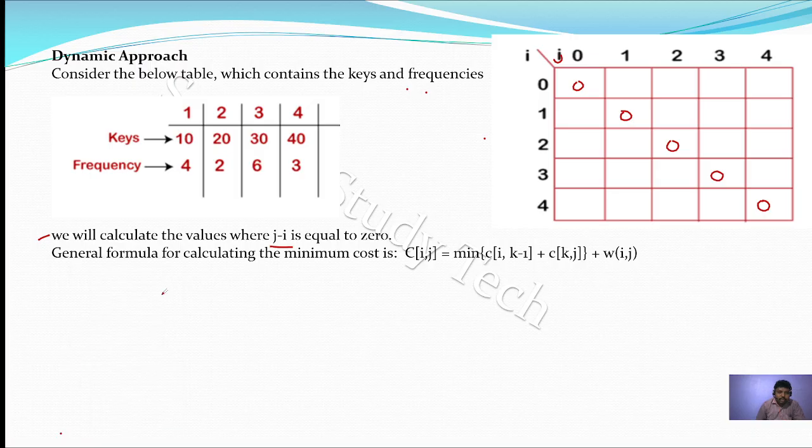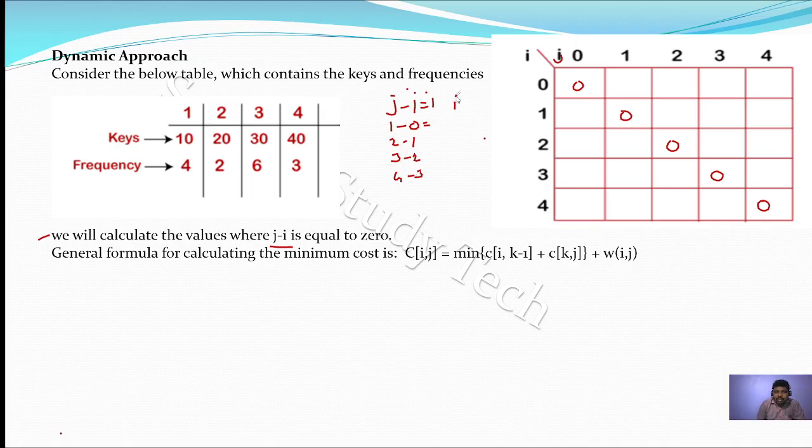When j minus i equals 1, 1 minus 0 is 1, 2 minus 1 is 1, 3 minus 2 is 1, and 4 minus 3 is 1.